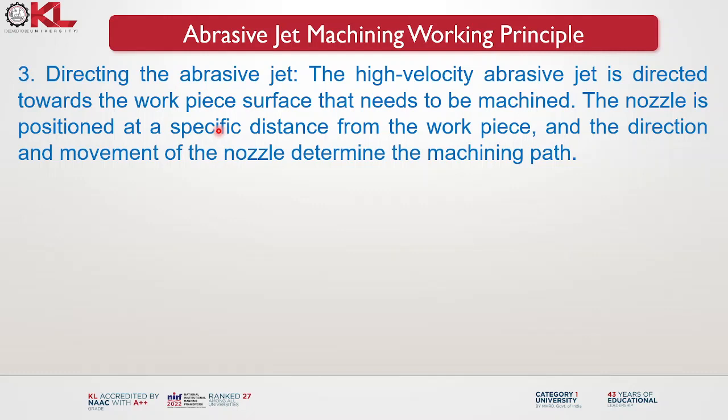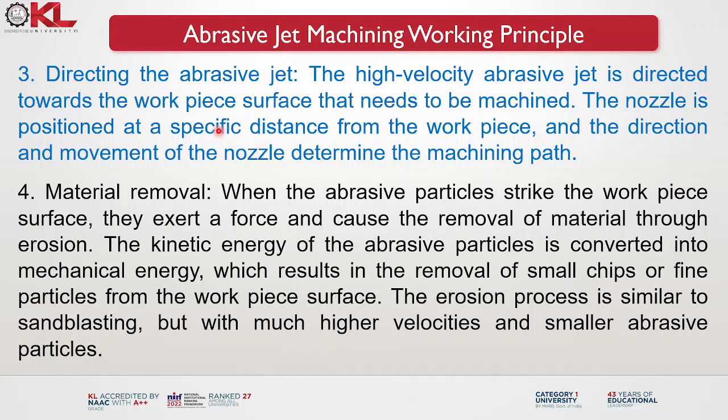Directing the abrasive jet. The high-velocity abrasive jet is directed towards the workpiece surface that needs to be machined. The nozzle is positioned at a specific distance from the workpiece, and the direction and movement of the nozzle determine the machining path. Material removal.